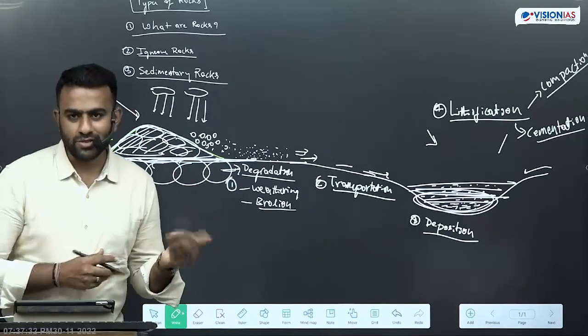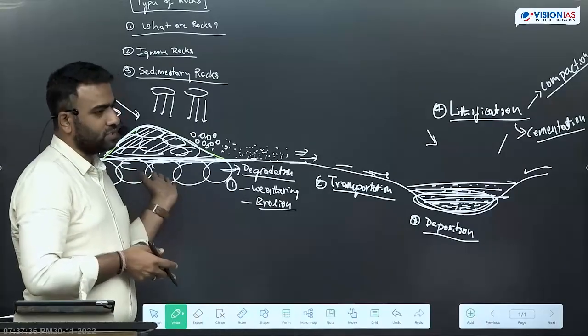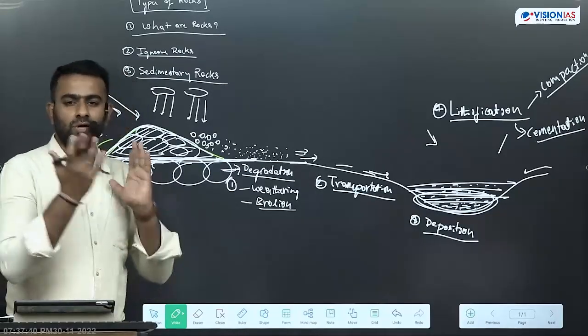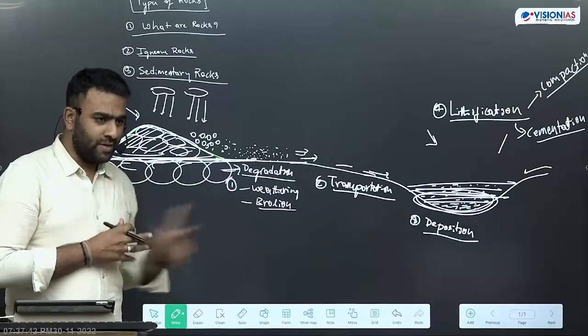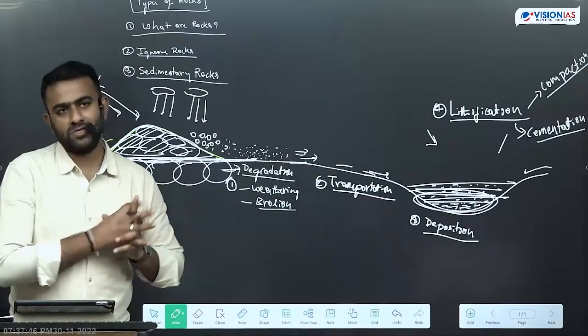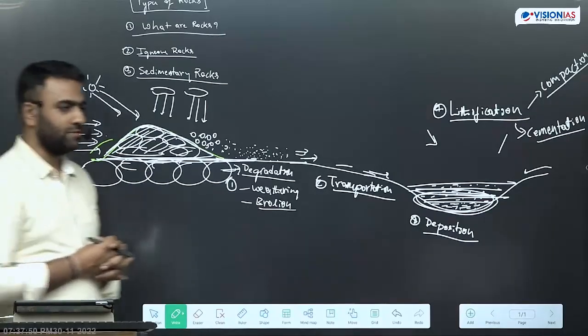It can be igneous rock which breaks down. Even a sedimentary rock also undergoes erosion. If igneous rock can erode, sedimentary erodes even more easily. Metamorphic rocks also undergo weathering and erosion. All these sediments are carried and they are deposited and get hardened, and that process is called lithification. The result is a sedimentary rock.